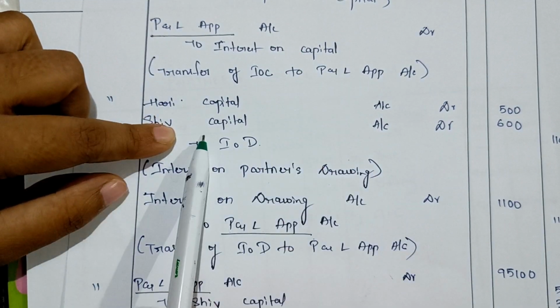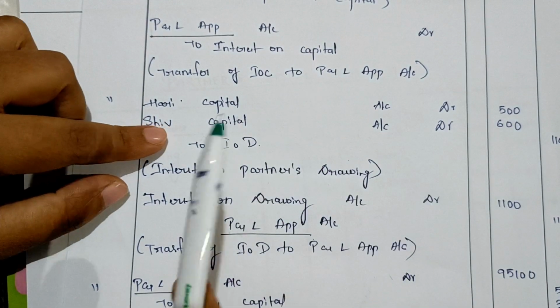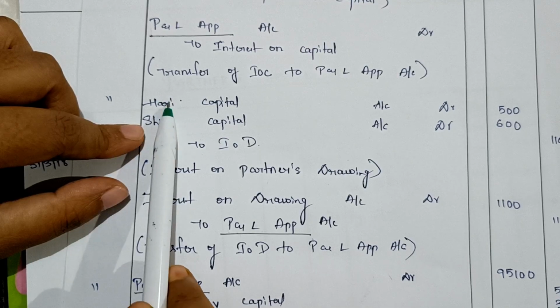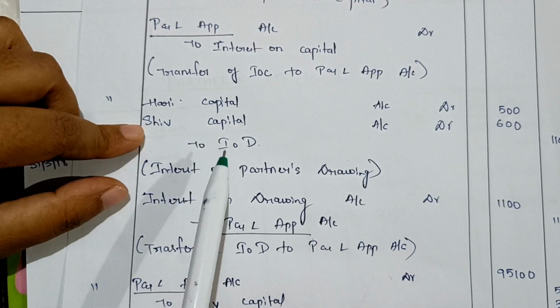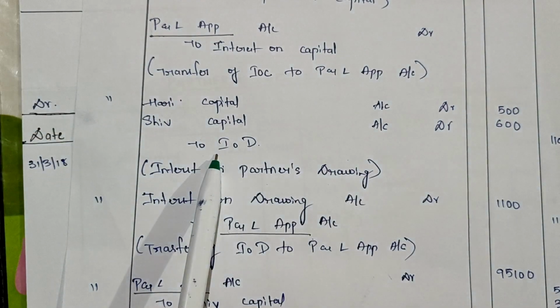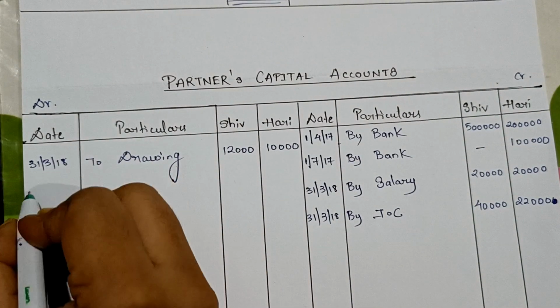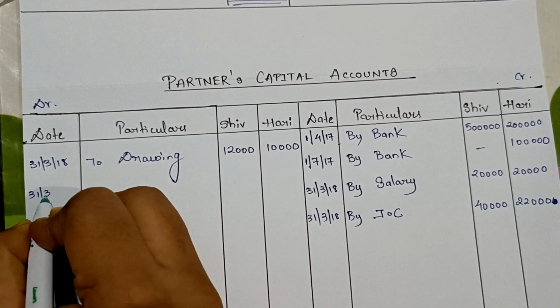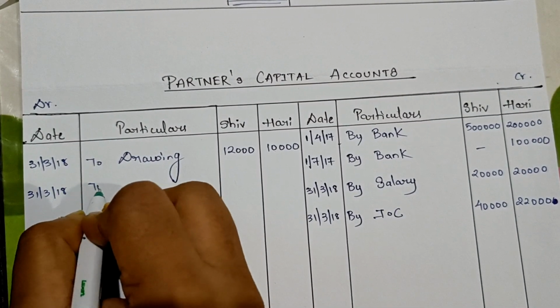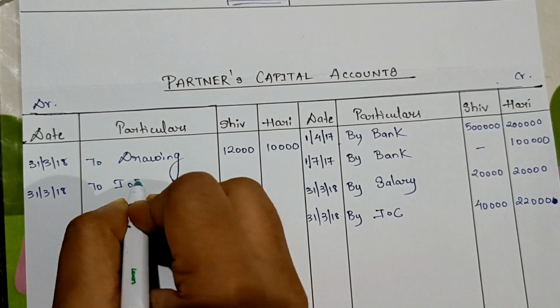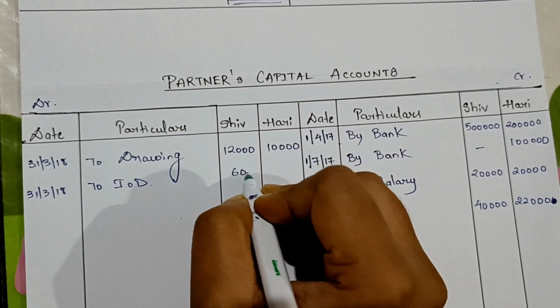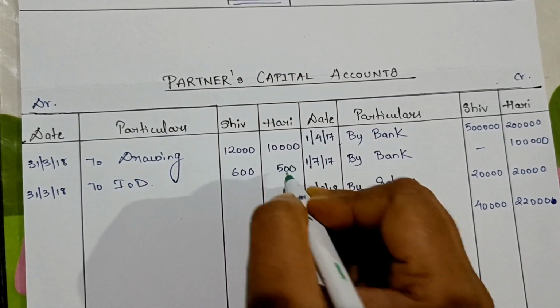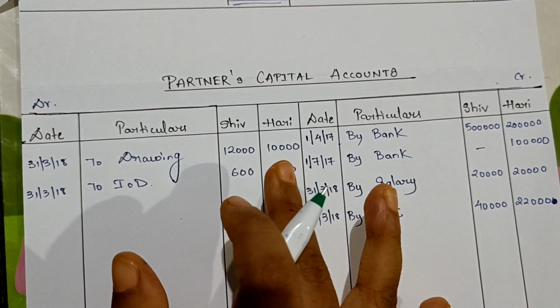Now interest on drawings. See, here the capital accounts are given, so we are going to post it on the debit side. To interest on drawings, the date is not given, so 31st March 2018. To interest on drawings, 600 and 500. This is also over.